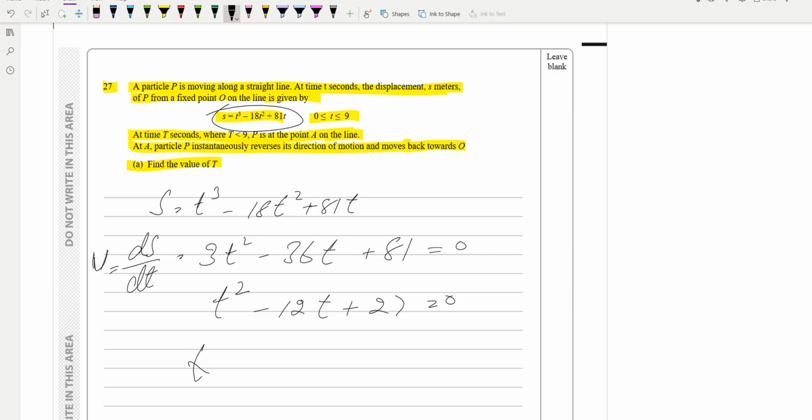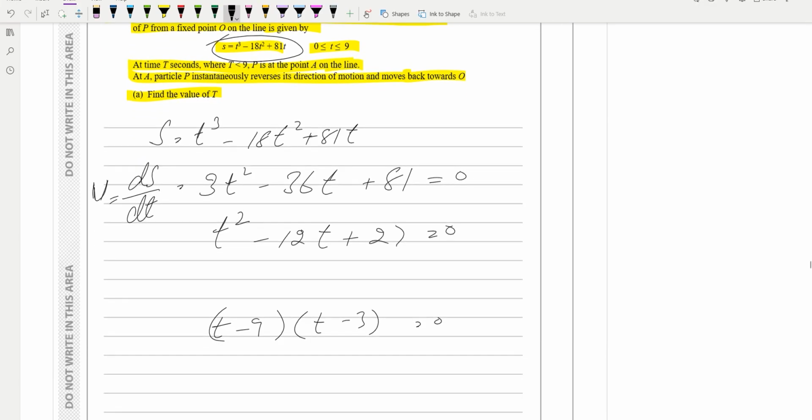So we can write t minus 9 and t minus 3 is equal to 0, and as an intermediate step, t into t minus 3 minus 9 into t minus 3 is equal to 0.